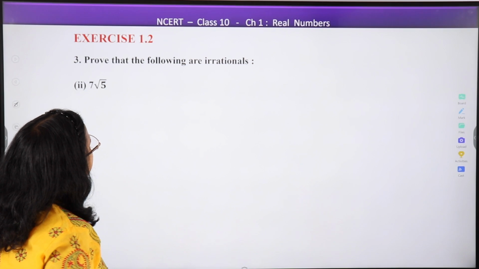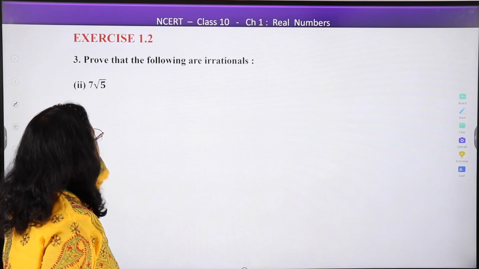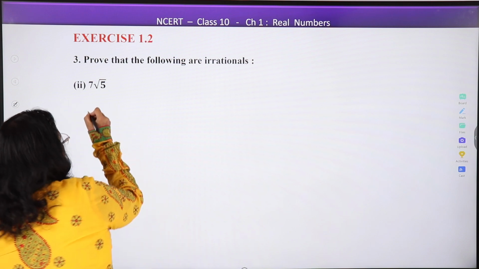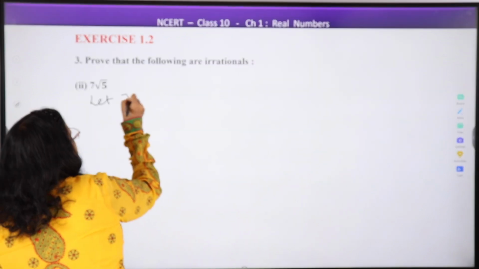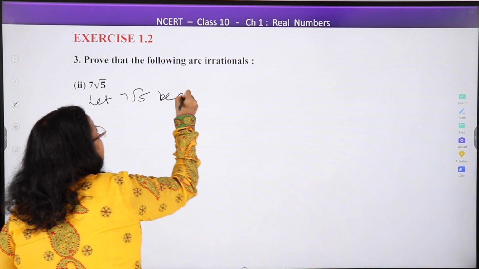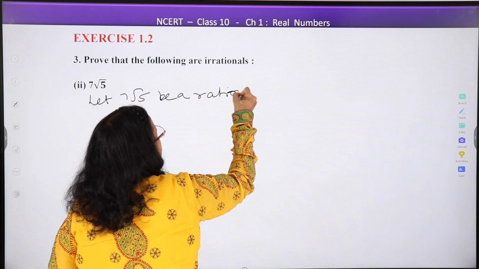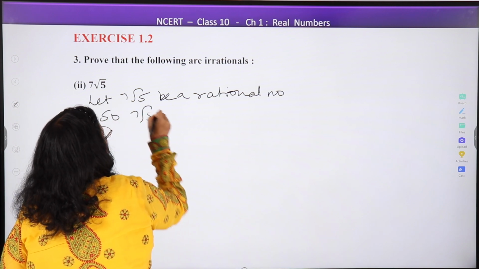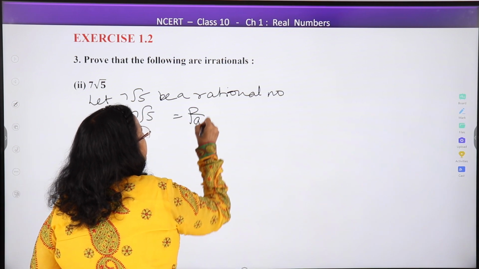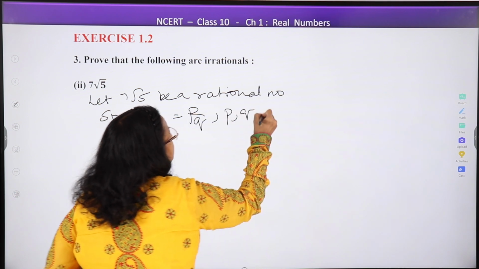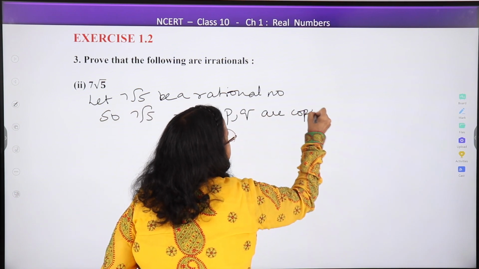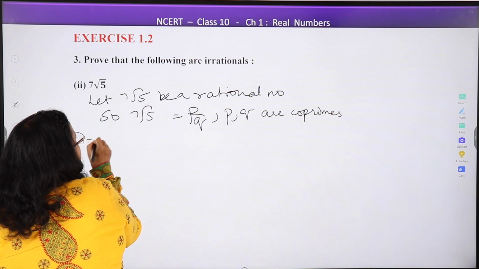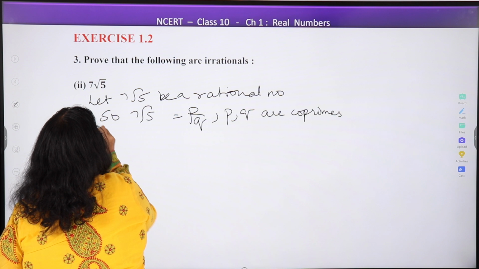Prove that the following are irrational. 7 root 5, exactly same. What do we first do? Let 7 root 5 be a rational number. So 7 root 5 is equal to P by Q, where P, Q are co-primes.